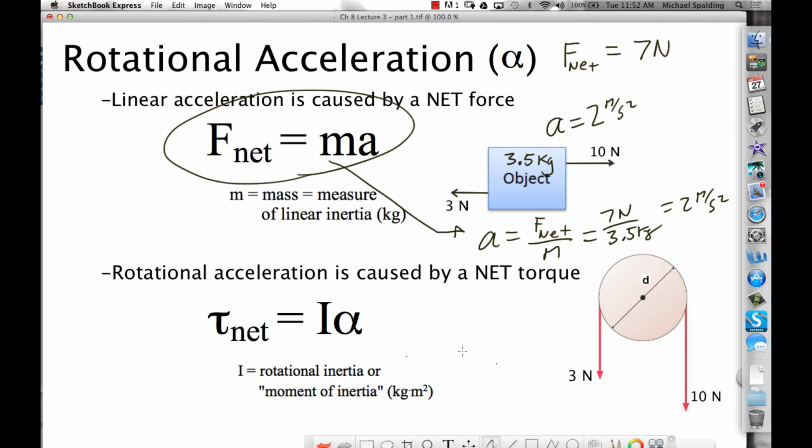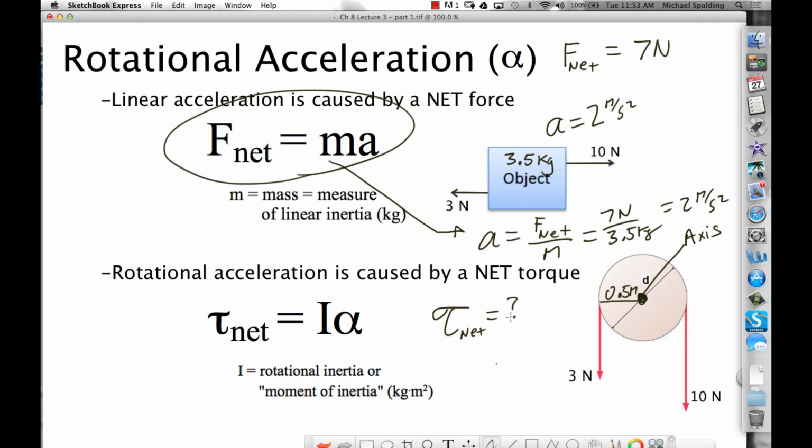Now, come down here. Let's say the radius, so this is the axis right here. It's like a wheel on an axis. Let's say that this radius is 0.5 meters on both sides. All right? What would be the net torque here? Let's solve for net torque for this situation.